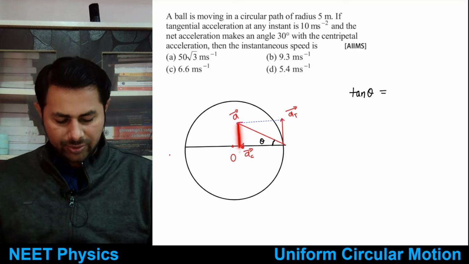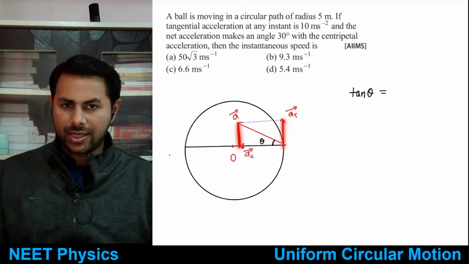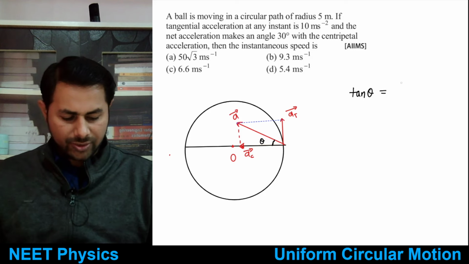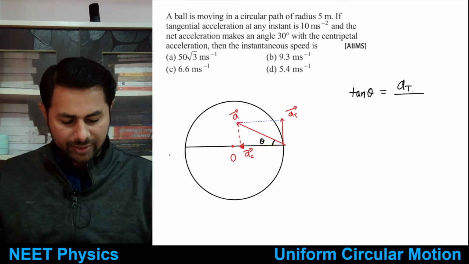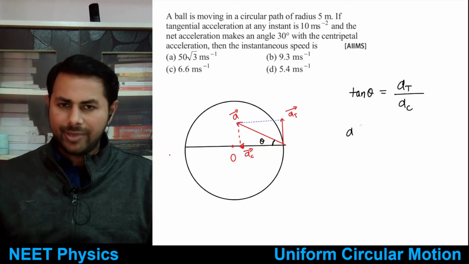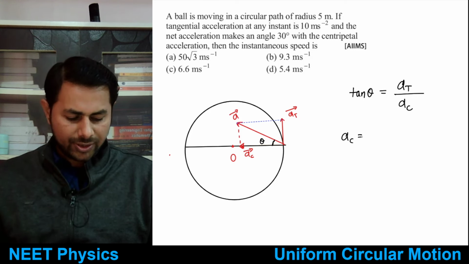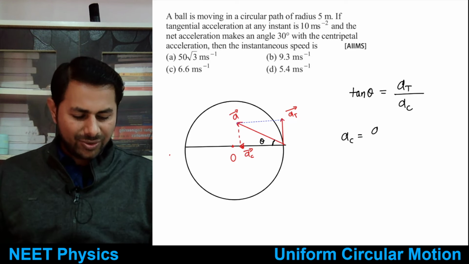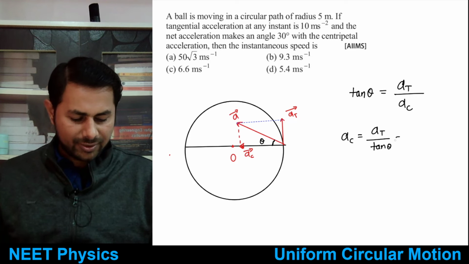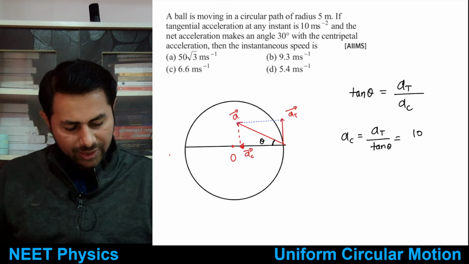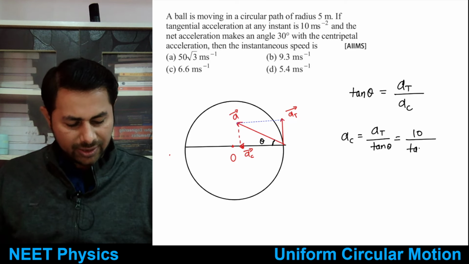It is equal to the opposite side, which is tangential acceleration, divided by centripetal acceleration. And you want speed, no? Centripetal acceleration is v square by r. So that is equal to 10 divided by tan of theta, where theta is 30 degrees.